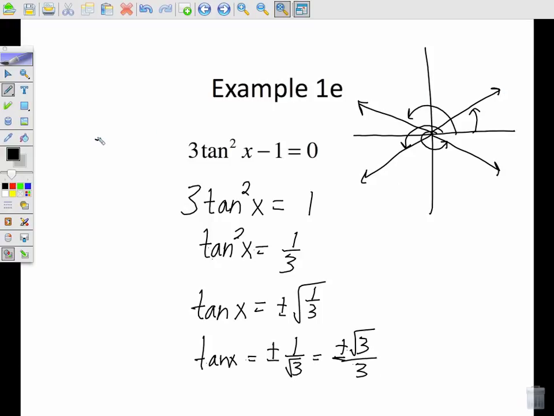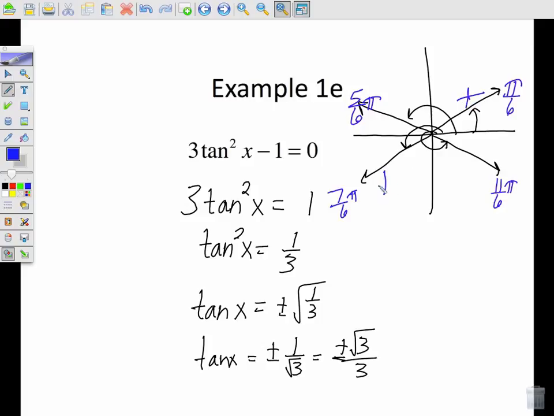Since root 3 over 3 is a tangent, it occurs at all the pi over 6's, so we would have as our solution pi over 6, and here at 5/6 pi, and then here at 7/6 pi, and finally at 11 over 6 pi.